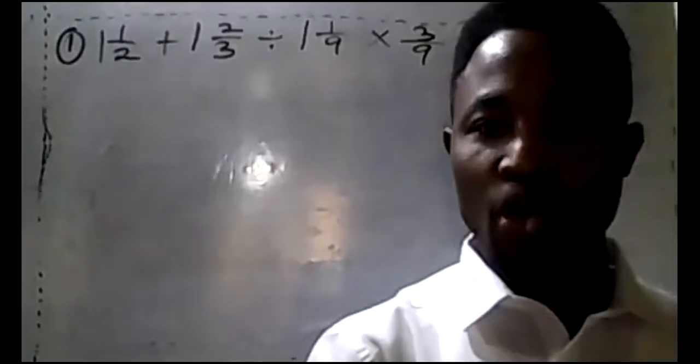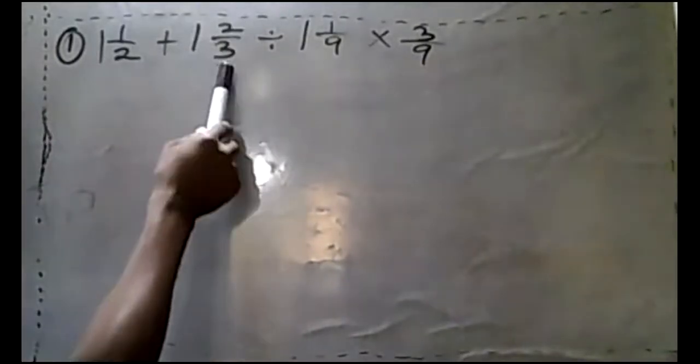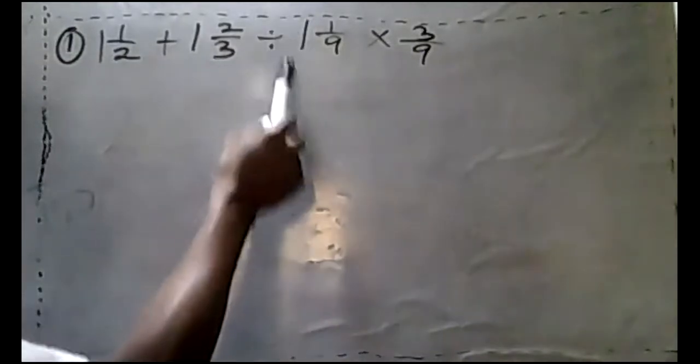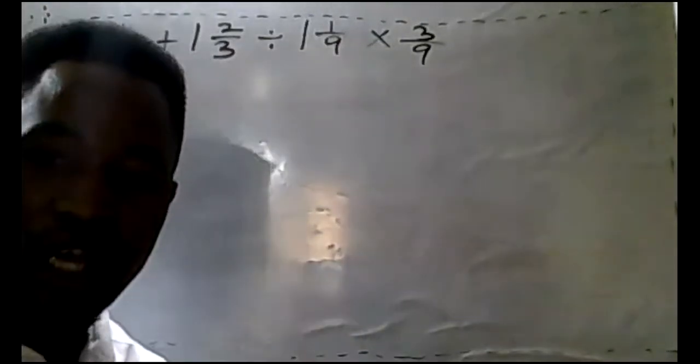All right, so let's look at this. One whole number 1 over 2, plus one whole number 2 over 3, divided by one whole number 1 over 9 times 3 over 9. The first thing is you change the mixed number or mixed fraction to an improper fraction.